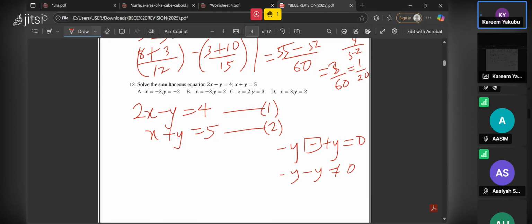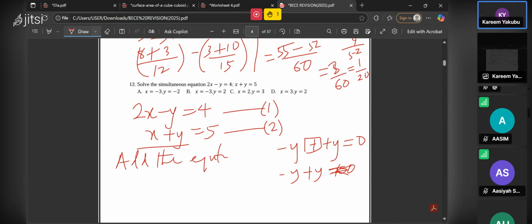But if I put plus, plus times plus is plus, so minus y plus y equals 0. That means I'm going to add the equations. By adding the equations, I will eliminate y instantly.